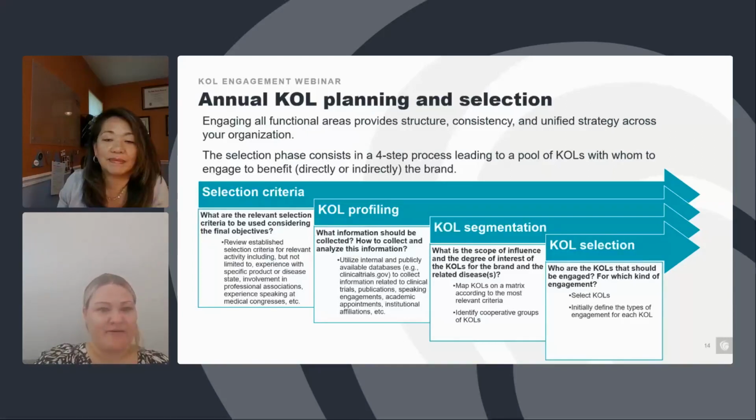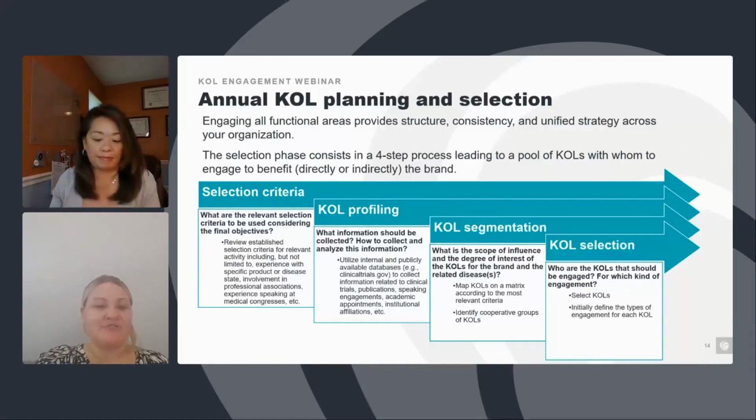So when we talk about annual KOL planning and selection, there's a lot of things to consider here. Step one, when you go through the planning process, is establishing your selection criteria and getting approval and formalizing that, which is also going to involve compliance.